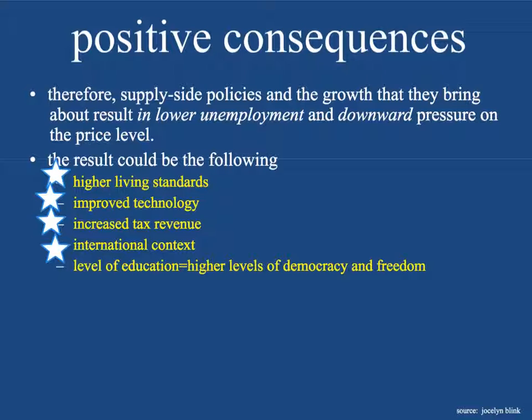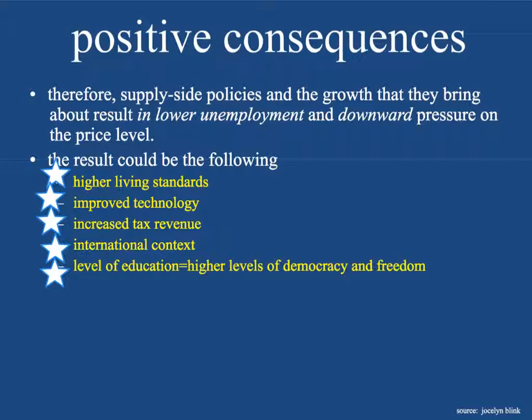Okay, the last thing here is something that I actually really like a lot, and it's just that the level of education equals higher levels of democracy and freedom. And there's a pretty compelling argument that as incomes go up, so do levels of education, because you don't find a really poor, well-educated country. You don't really find a well-educated, poor country.